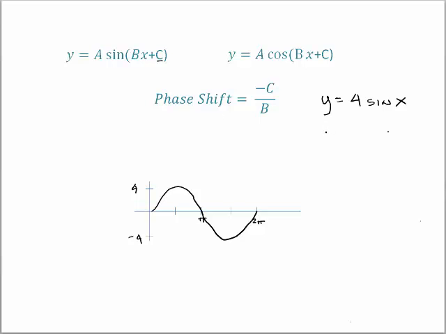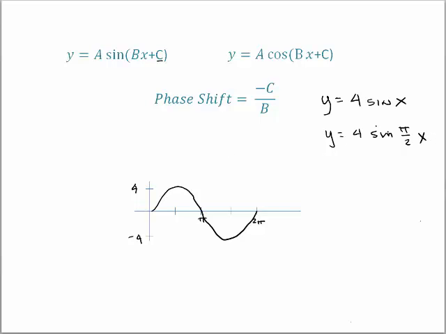Let's rewrite the equation. Y equals 4 sine, and we'll say pi over 2x. Let's see, is that going to work for us? Negative C, so, oh, we didn't put the phase shift.